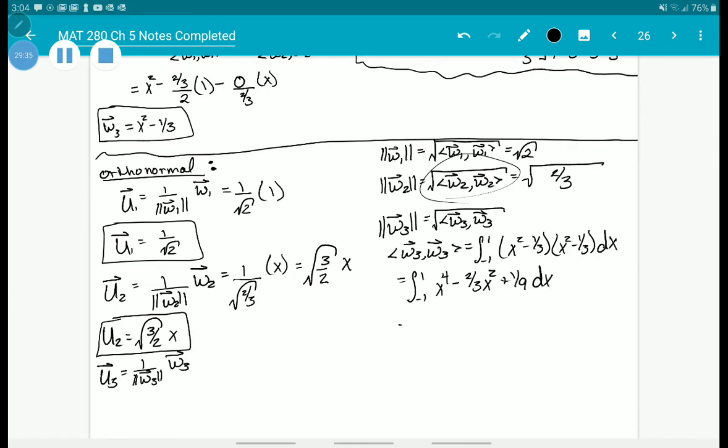When I integrate, I get x to the 5th over 5 minus 2/3 x cubed over 3. And when I divide by 3, that changes to a 9. Plus 1/9 x. Integrate from -1 to 1.